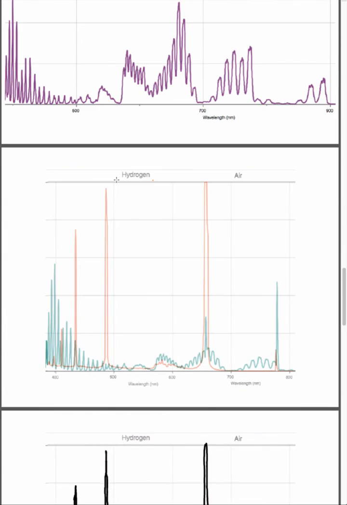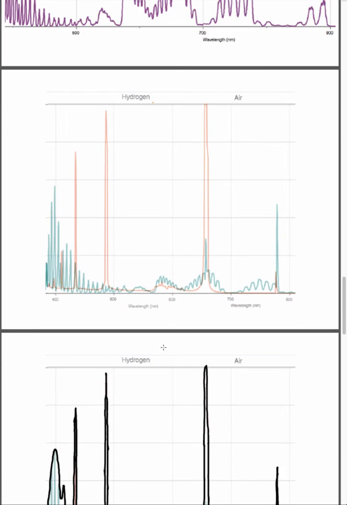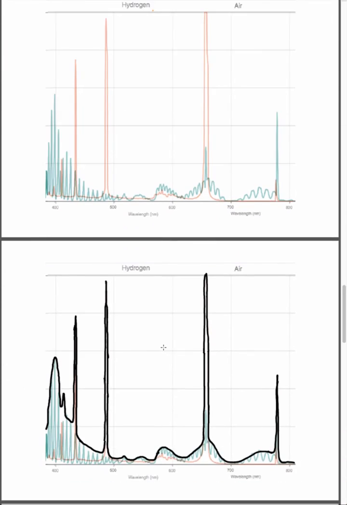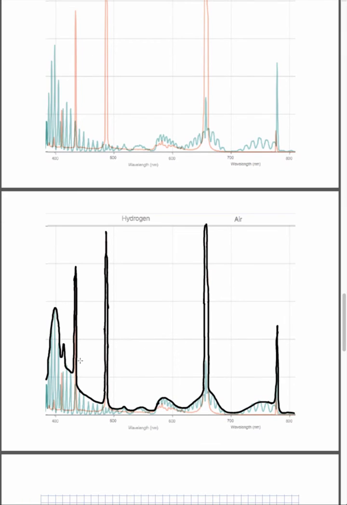What if I combine the distinct hydrogen peaks like this one and this one and this one and this one with the air emission, this one in light blue? If I were to add those two together, perhaps I might get a better answer, something like this, where I have the nitrogen bumpiness. Some of this was oxygen as well. I don't remember which was which at this point.